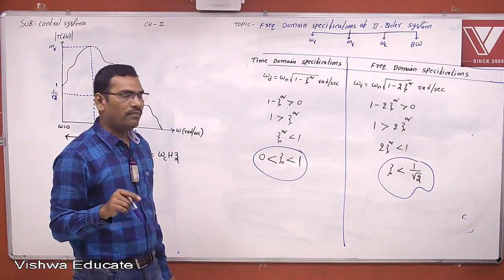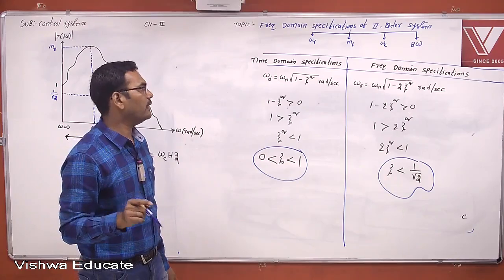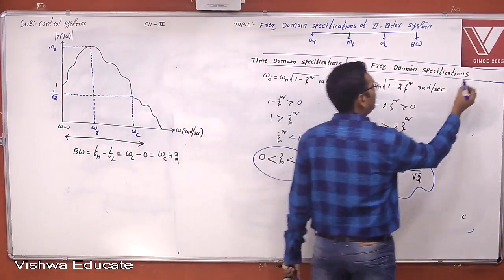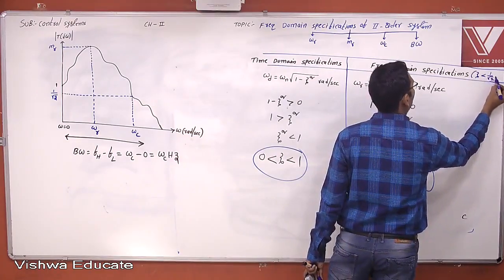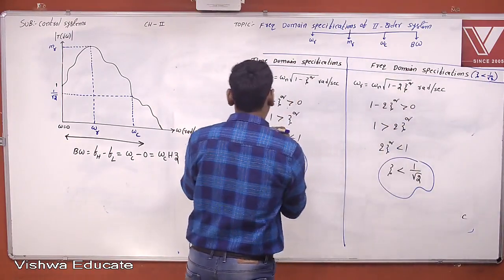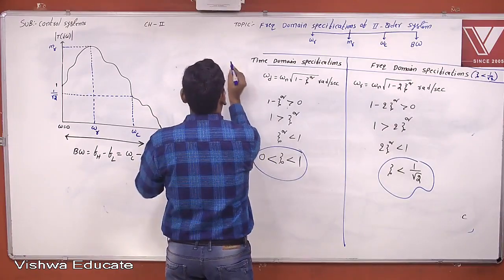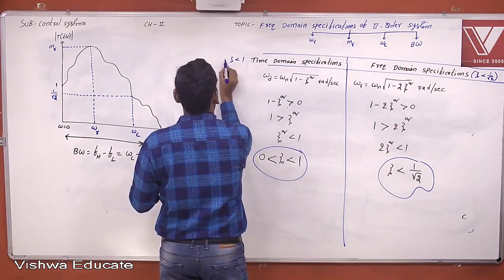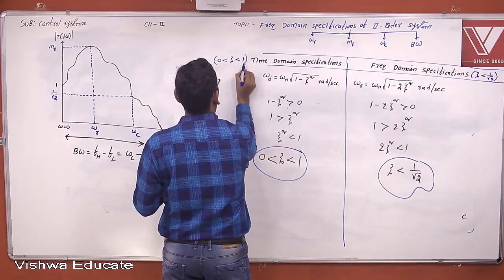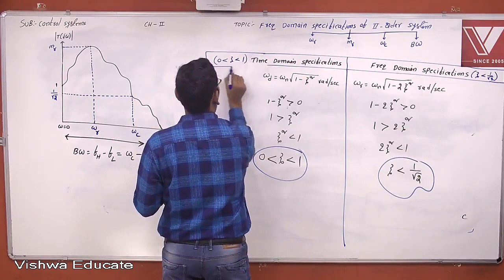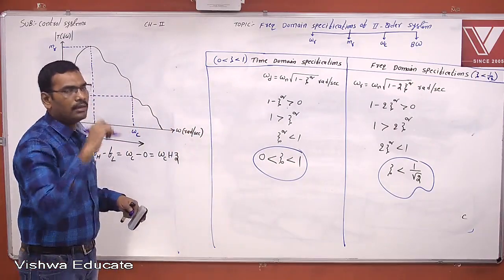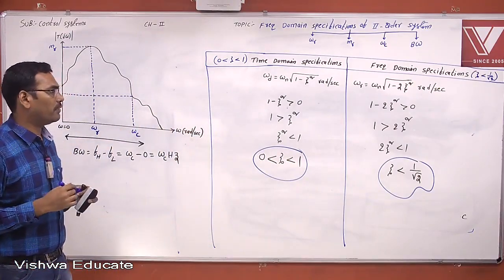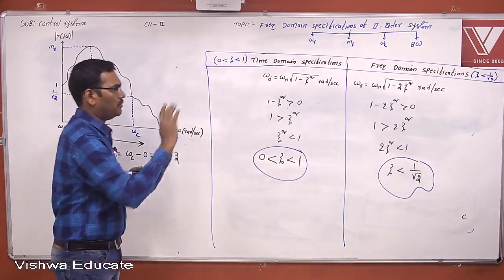Frequency domain specifications are valid when damping factor zeta is less than 1 by root 2, and time domain specifications are valid when zeta is less than 1 and greater than 0. This is the important point while doing the time domain calculations and frequency domain calculations. Take this one.